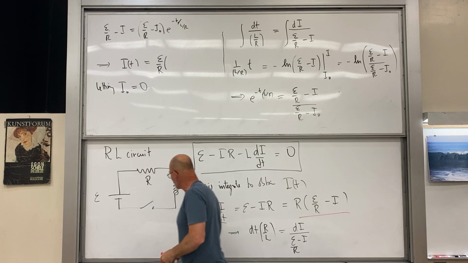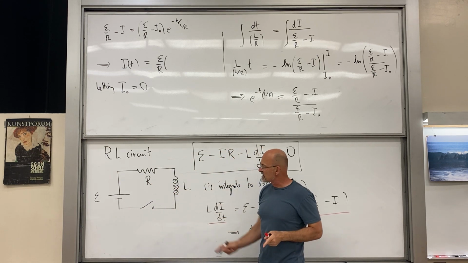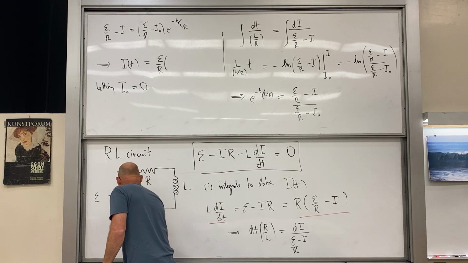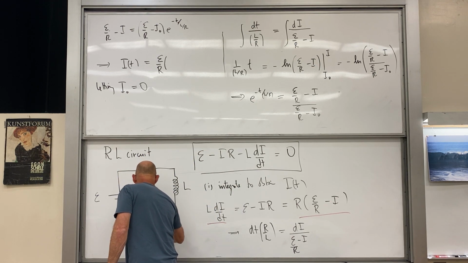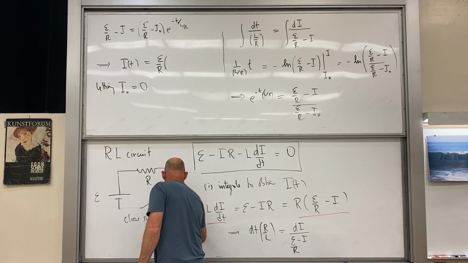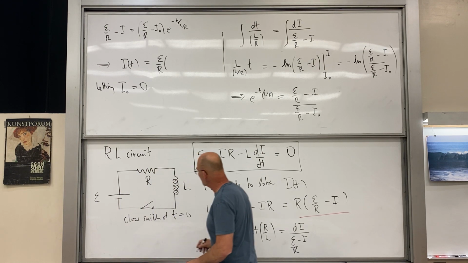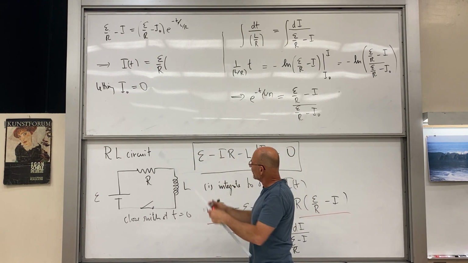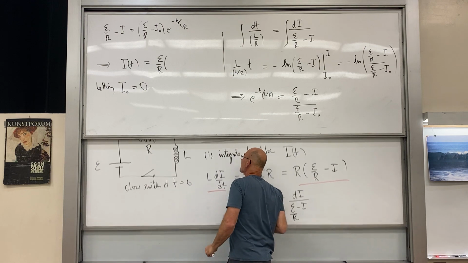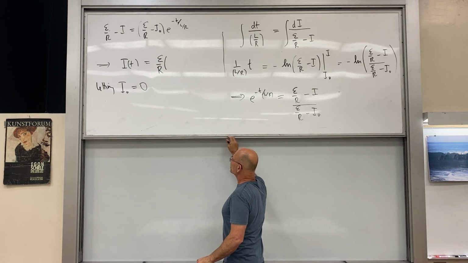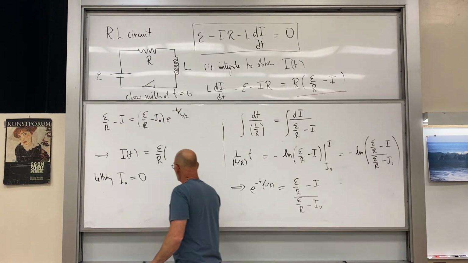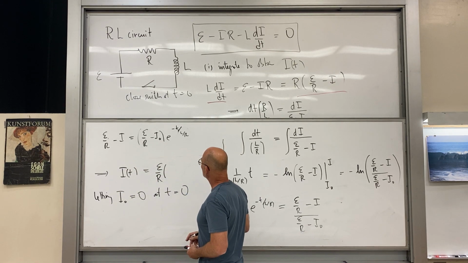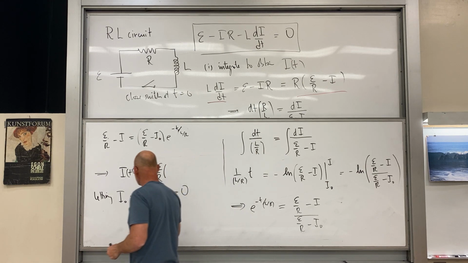What we're doing is we're starting with an open switch and we close the switch at time equals 0. So close switch at t equals 0. So at t equals 0, we have I sub 0 equals 0. So this was more general than we needed. And that simplifies things nicely.